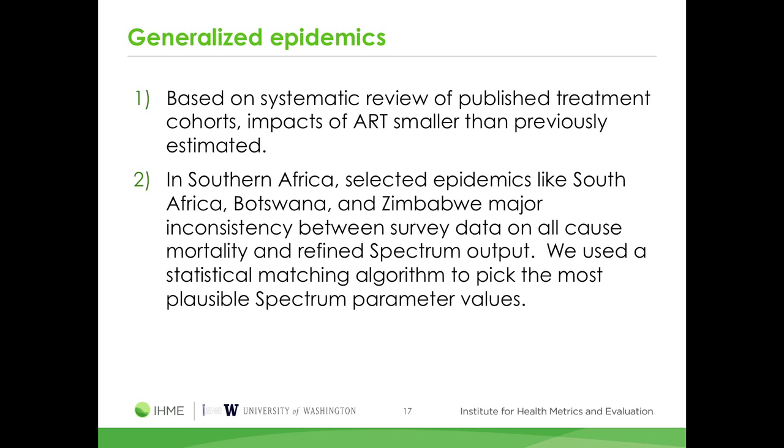Now, the main effect for the generalized epidemics, where most of the harm from HIV clearly lies, has been to modify the death rates, raise them for individuals based on receiving ART in low-income country programs.